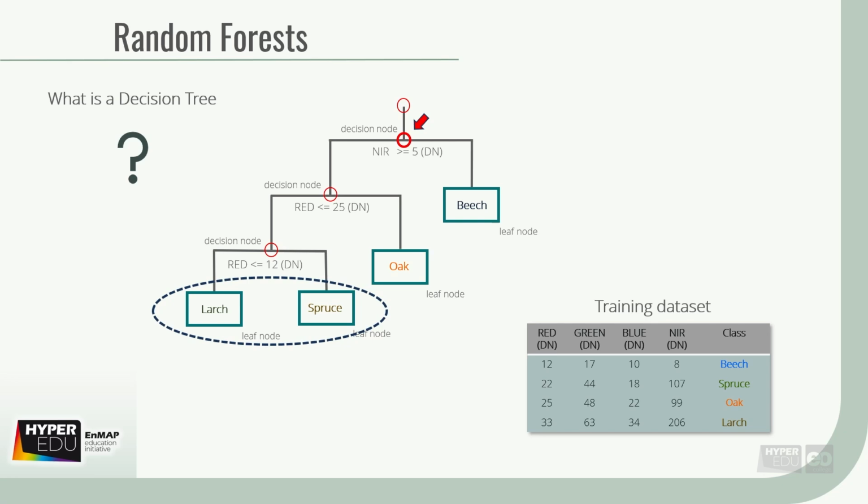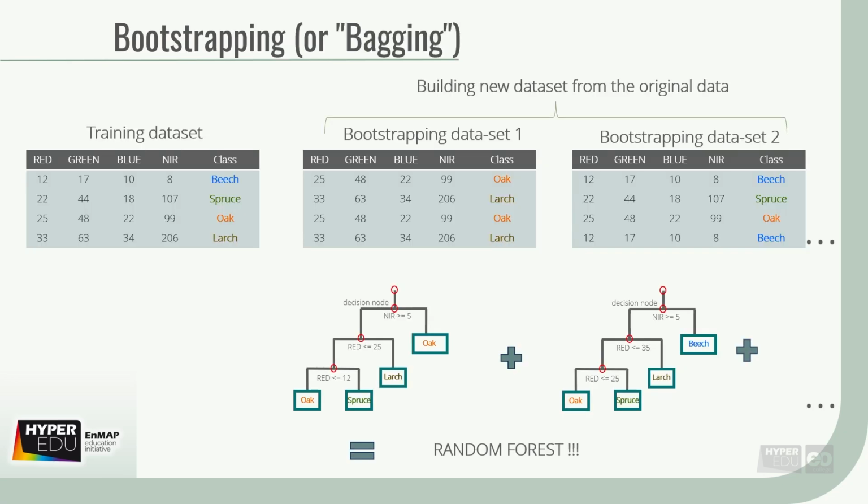But how do we get from a decision tree to a decision tree forest? Bootstrapping, or bagging, is where the magic happens. Random Forest takes this idea of decision trees and makes it even more powerful by using something called bootstrapping. So what's that?